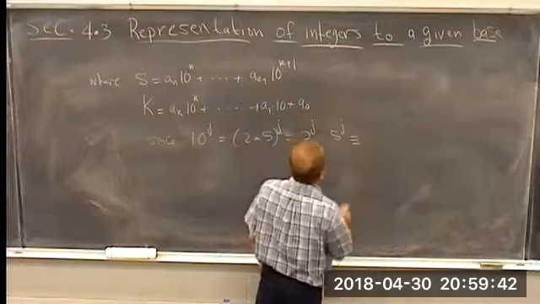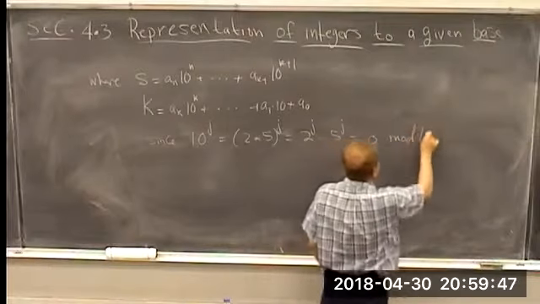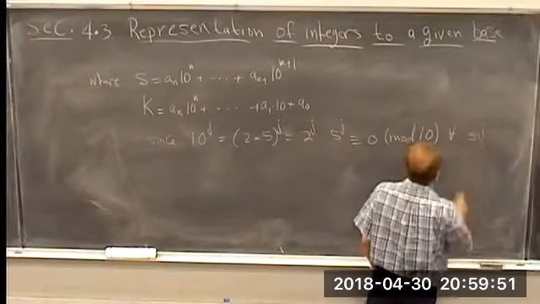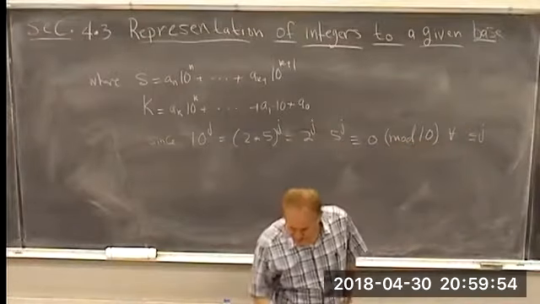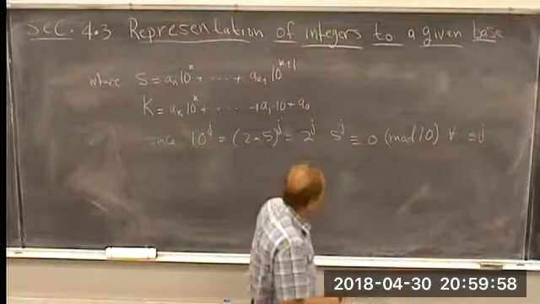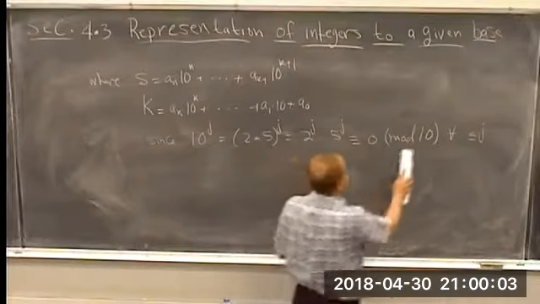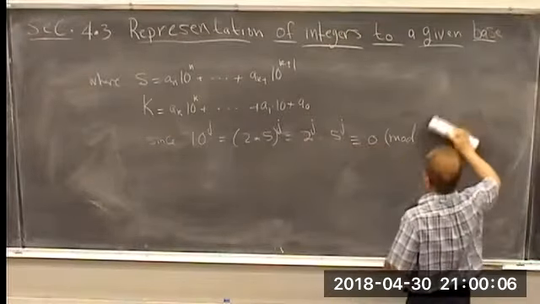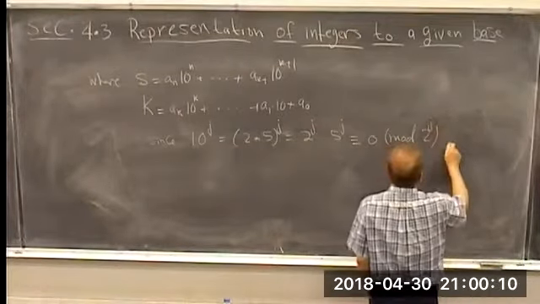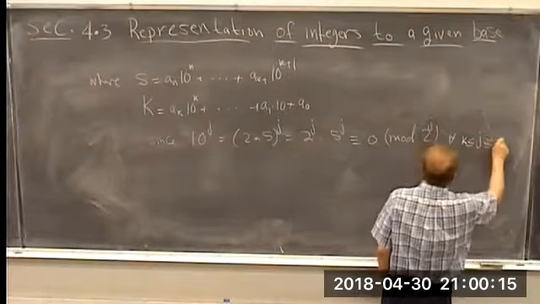And this is congruent to 0 mod 10. No, sorry, I want to say this is congruent to 0 mod 2 to the j. And this is for every j between k and n.